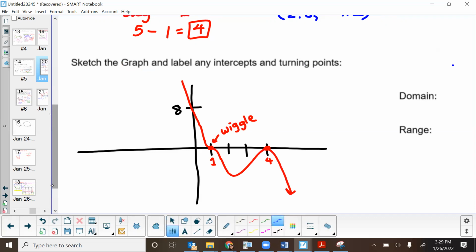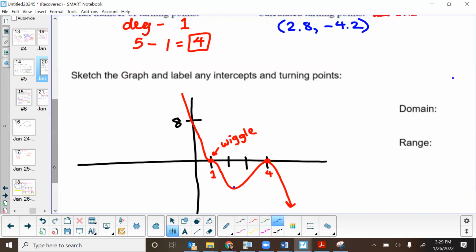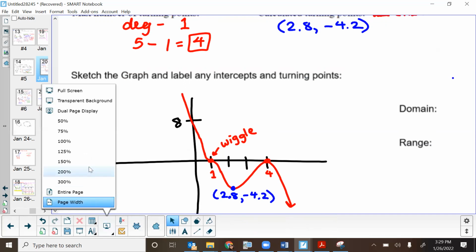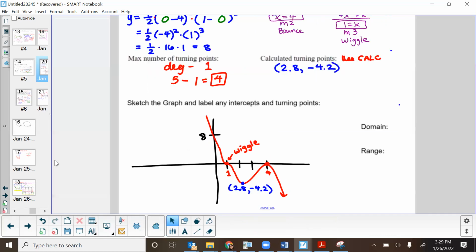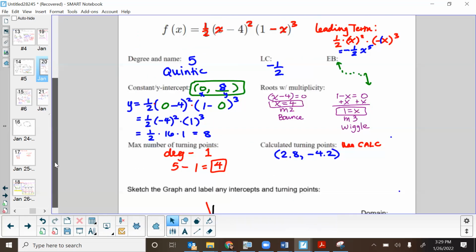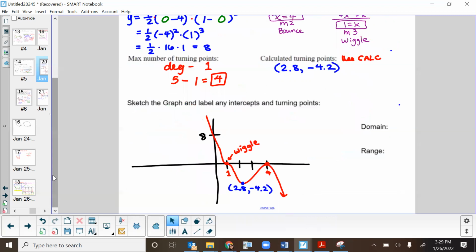Then the last thing that we'll need to label on here is the 2.8 comma negative 4.2. So that's a graph with some details that goes along with what I have in the parts above. It's very hard to show you the whole thing.